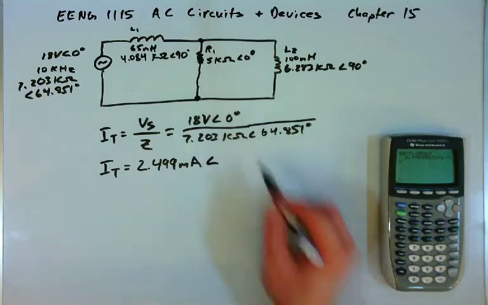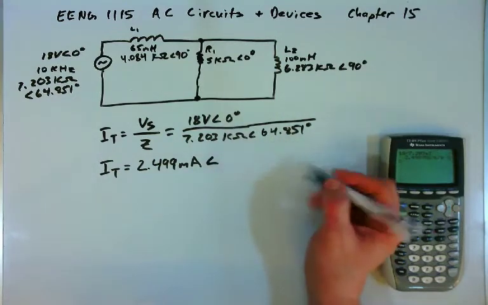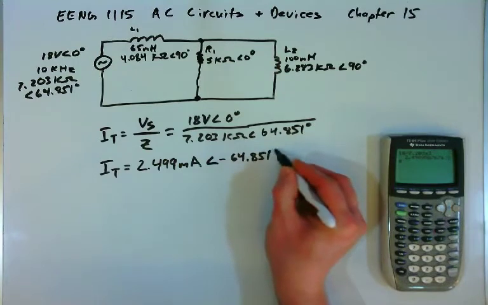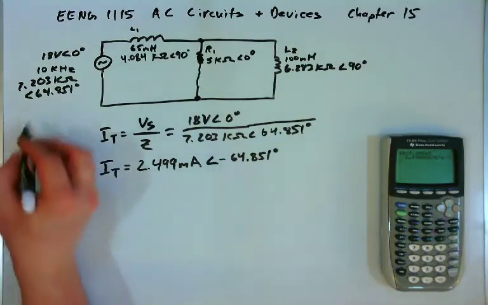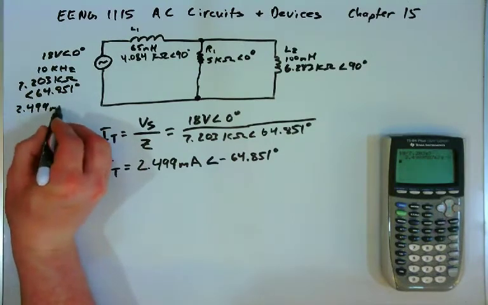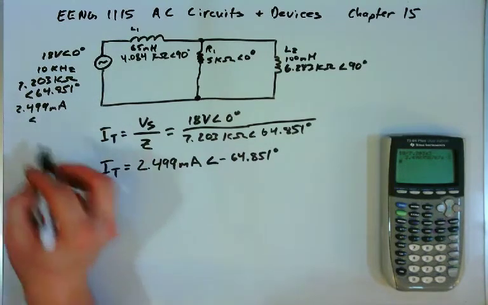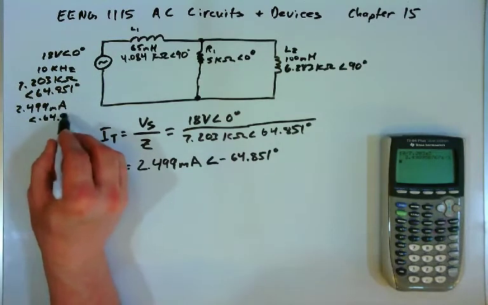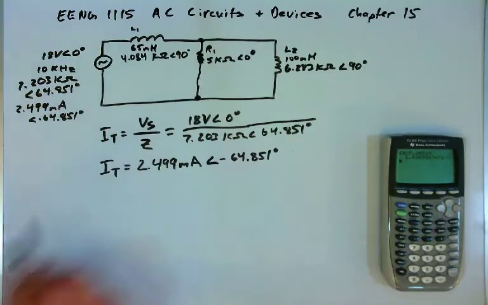milliamps at an angle, and so we subtract the angles. 0 minus 64.851 is a negative 64.851 degrees. And so the total current for the circuit is 2.499 milliamps at an angle of negative 64.851 degrees.